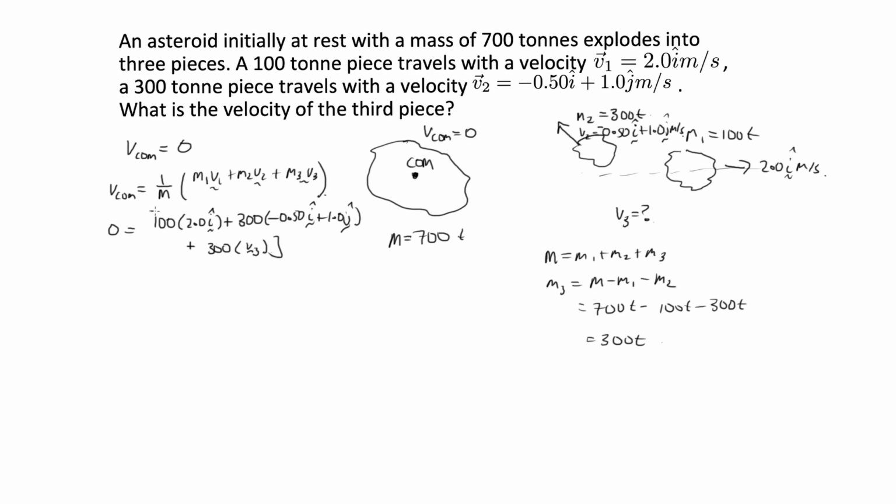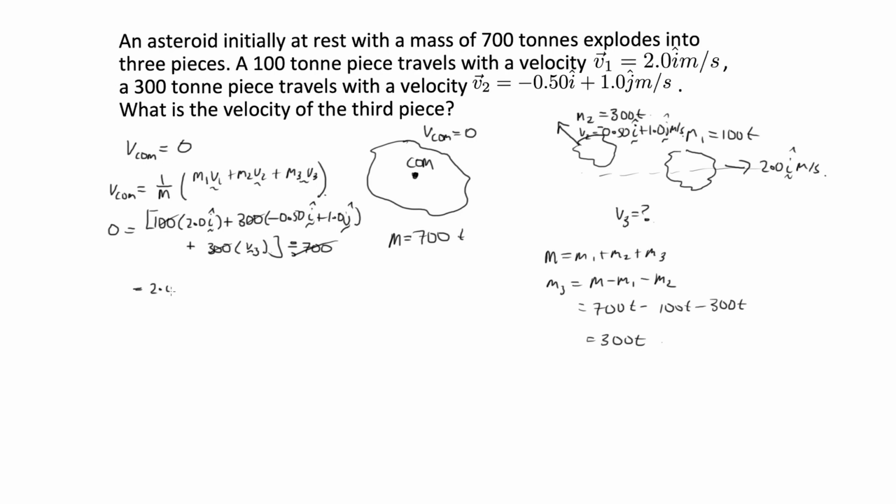And this is divided by 700 is equal to 0. But I can multiply both sides by 700 to get rid of that, and it still doesn't change 0. 0 times 700 is still 0. I can now divide by 100 to make it a bit simpler.